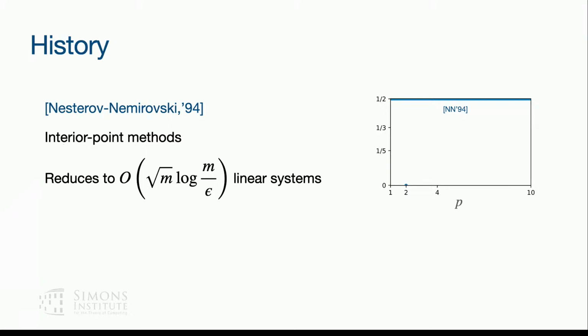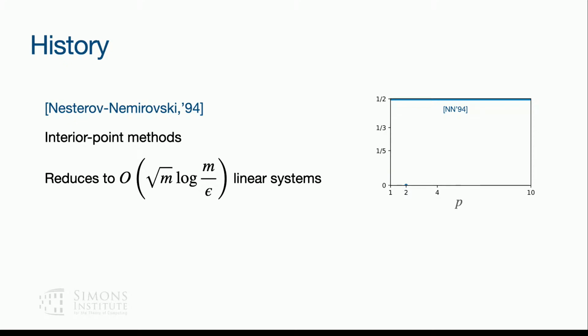The work of Nesterov and Nemirovski in 1994 was based on interior point methods, and they were able to reduce solving the LP regression problem to just square root m linear system solves. So it has root m iterations. Each iteration is solving an L2 problem or a linear system. So this was till 1994.